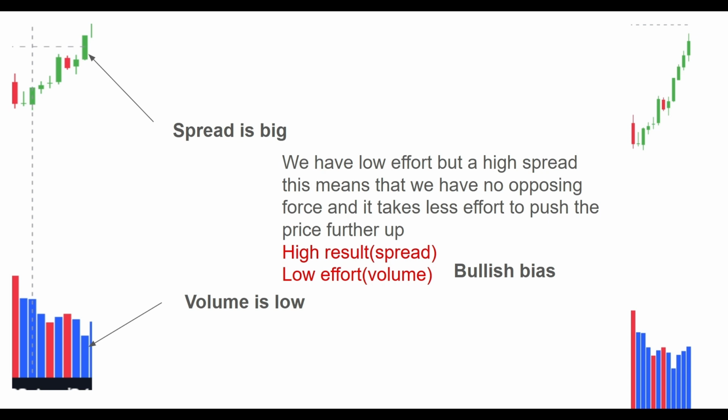This is usually what we call an ease of movement. It takes less effort for price to advance. That suggests that we don't have any supply in the market, and the result is always a bullish bias.